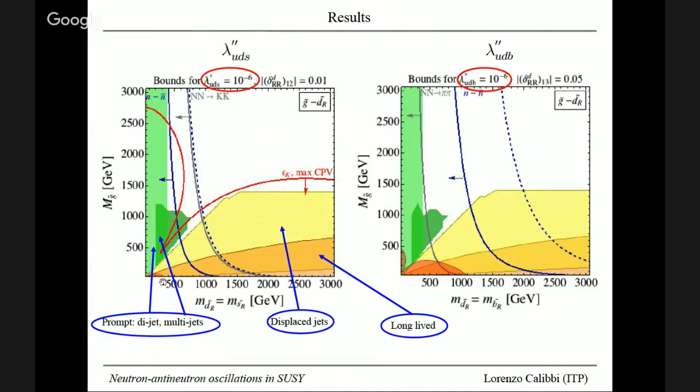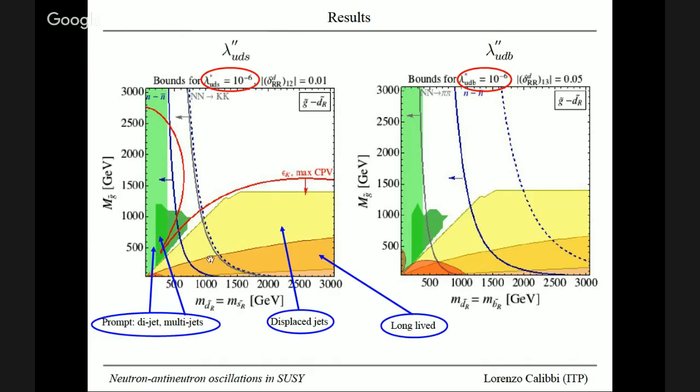So basically, you pair produce squarks or you pair produce gluinos, and you obtain bounds from dijet and multijet searches. Dark green is multijet, and this green one, which does not depend on the gluino mass, is from direct squark production and bounds on dijet.